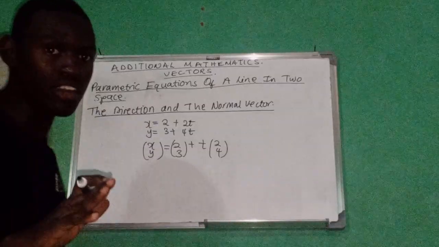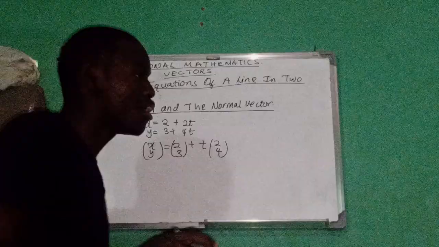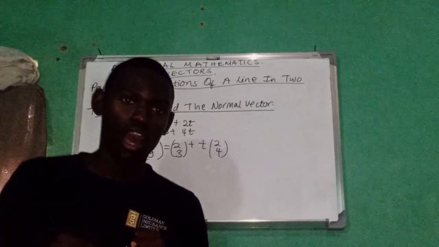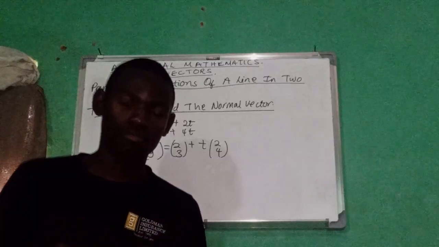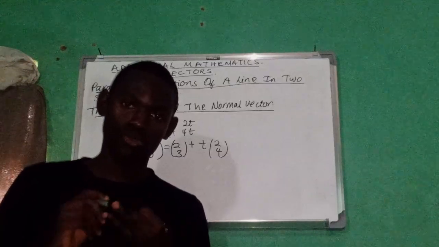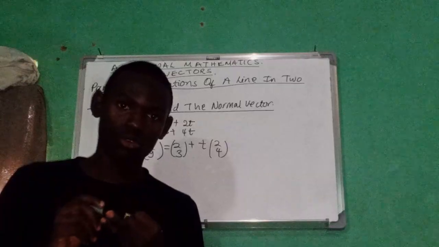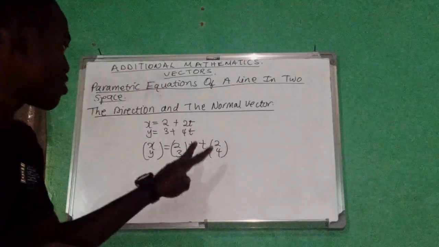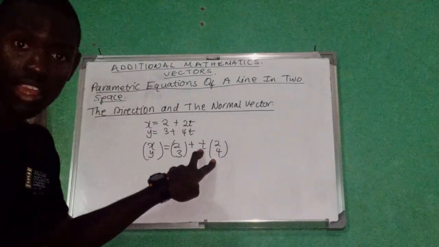Now there's a property that you have to know. When you multiply a direction vector and a normal vector, these two will give you 0. So for example, we have this here.